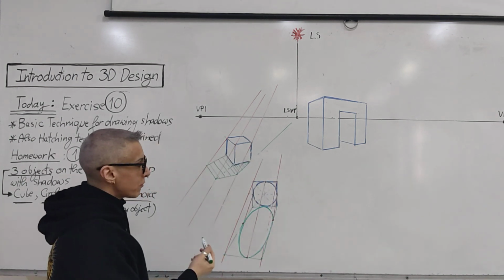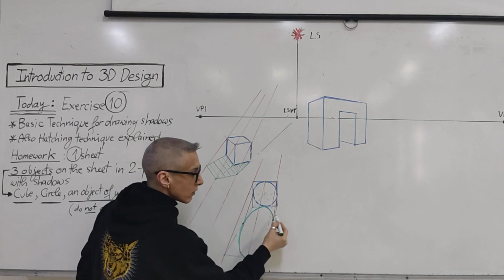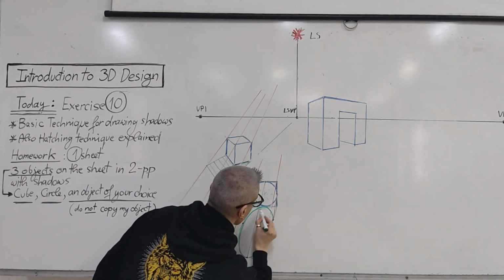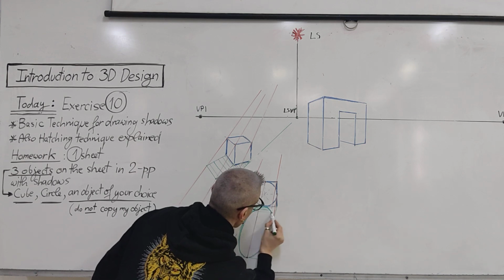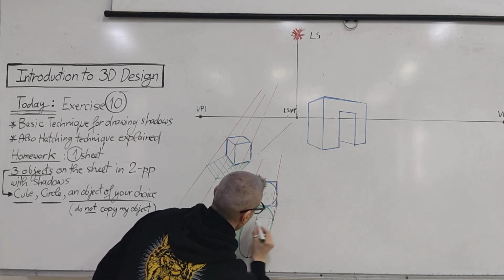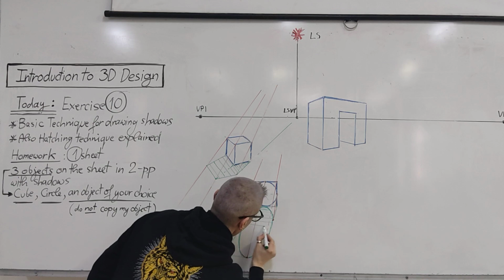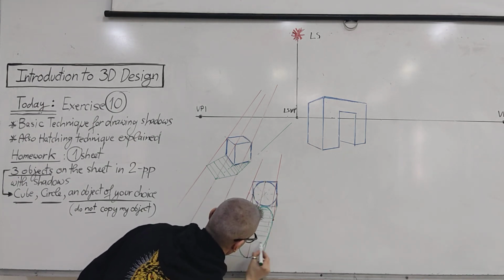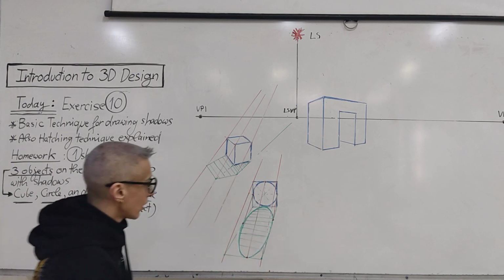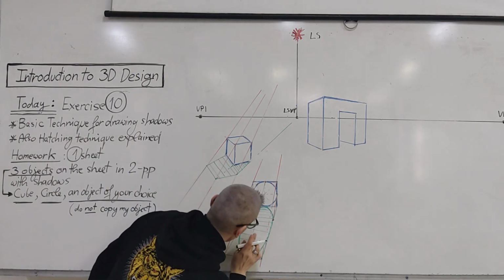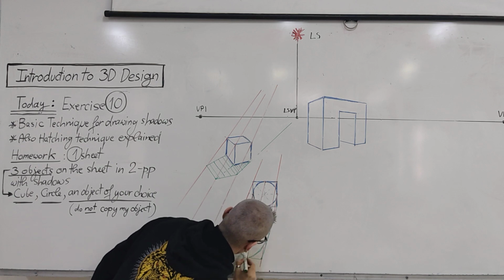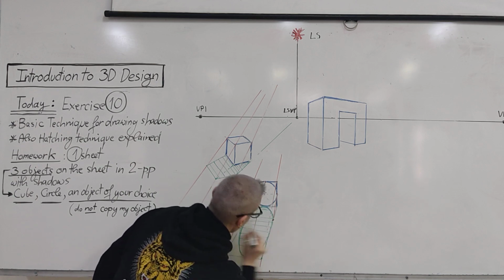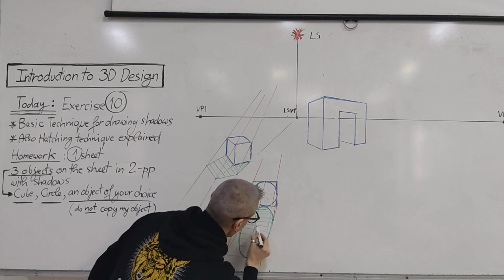Now, we will follow this line and do the shadow, okay? The closer to the object, the closer the lines to each other. So make sure they are straight.